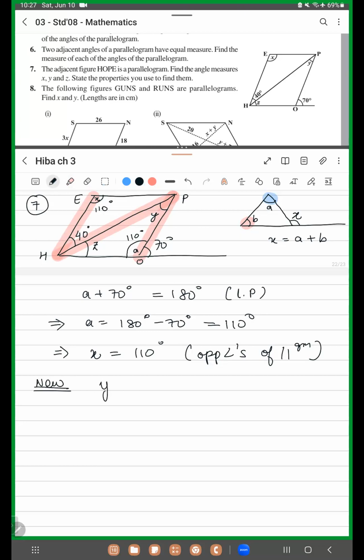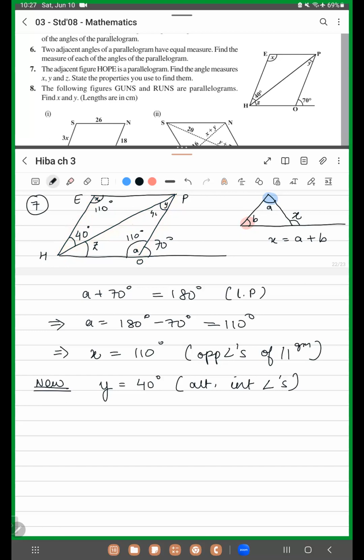Very good. Okay? We have found two things, X and Y.